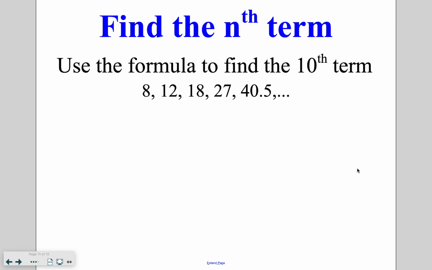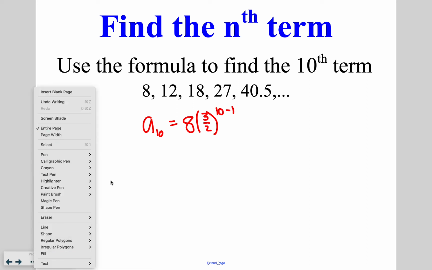The last thing we can do is use this formula to find any term in the sequence. So when I do that, I'm going to have A, and then I'm looking for the 10th term. So I'm going to say A_10 is equal to our equation, which was 8 times 3 over 2 to the 10 minus 1 power.